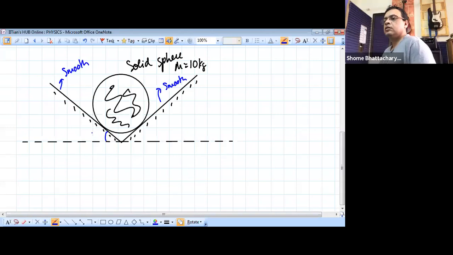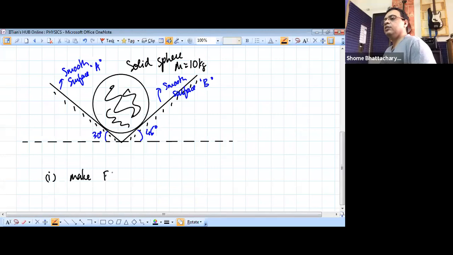So this one is at 30 degrees and this one is at 45 degrees. Okay. So this is smooth surface, let's say, labeled by E, and this is smooth surface labeled as B.